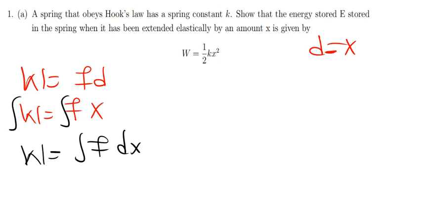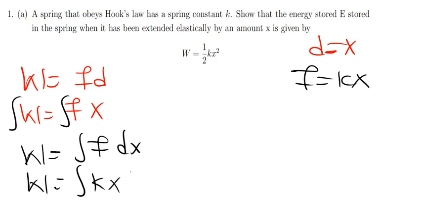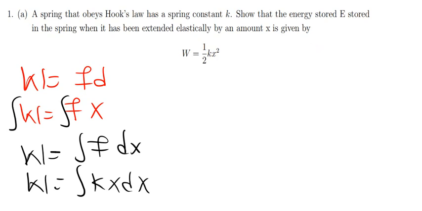At this point, I can clearly see that f is equal to kx. I will replace f with kx. So work will be equal to the integral of kx dx. So if you know calculus, I'm integrating this with respect to x. What can we see? We can clearly see that work will be equal to k, as k is constant.